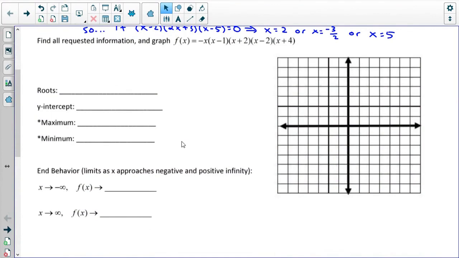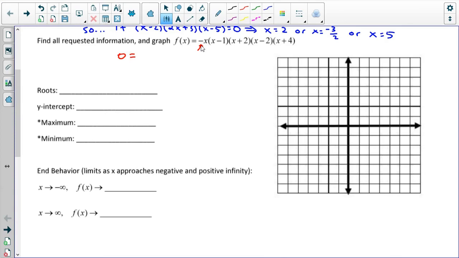And so what does that mean for us graphically here? Well, if we take a look at this problem, I see that negative x times x minus 1 times x plus 2 times x minus 2 times x plus 4 equals 0. By the zero product property, I can ignore this negative sign out front because that's not going to have any effect on when things are 0.